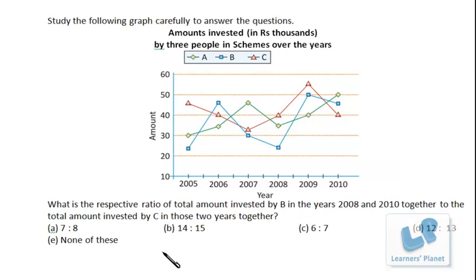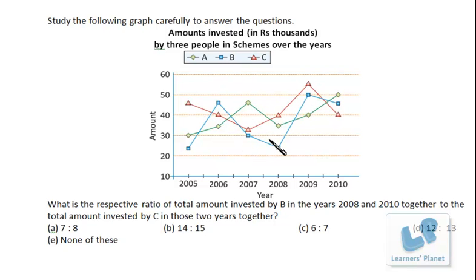Now let's see this problem. What is the respective ratio of total amount invested by B in the years 2008 and 10 together to the total amount invested by C in those 2 years together? Again, a very simple problem, 8 and 10 by B. B is this blue one.